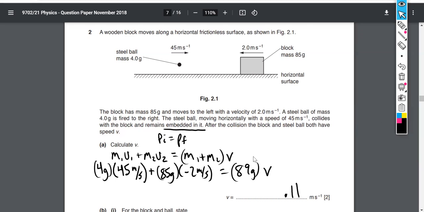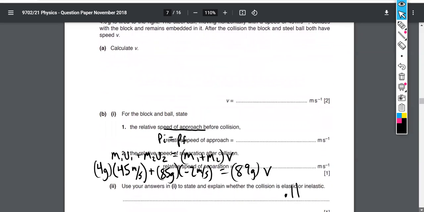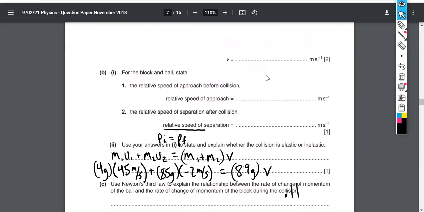That's why it didn't matter that we left it in grams. Again, it's good practice. You could get the same exact answer by converting everything to kilograms, because then kilograms cancels. As long as you convert everything, you'll get the same velocity. But it's a bit simpler to work with those numbers. The question goes on to ask us, for the block and ball, to state the relative speed of approach before and the relative speed of separation after the collision.